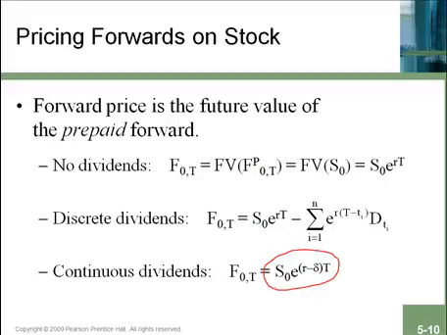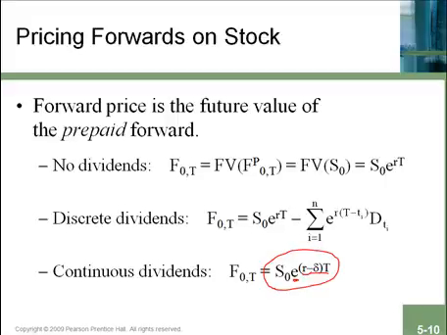The only thing that is different here is that instead of having this factor e to the power of minus delta t, we have now multiplied this effectively by e to the rt, and so now what we have is e to the (r minus delta) t.